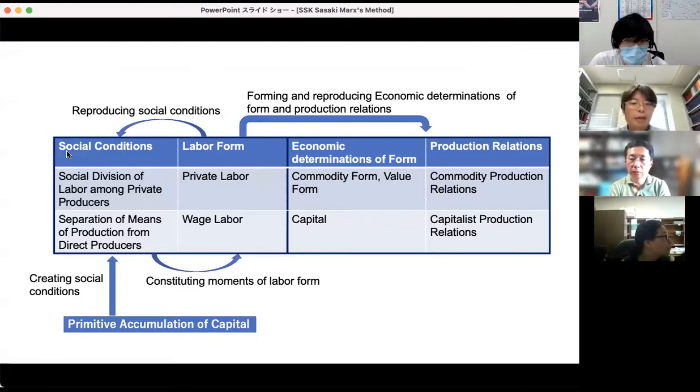This slide shows the relationship between labor form and economic determinations of form and social conditions.